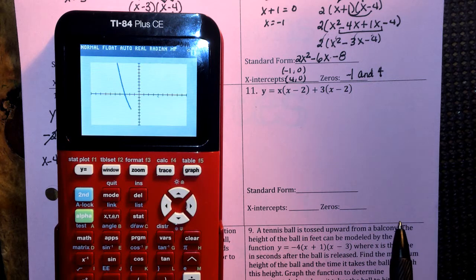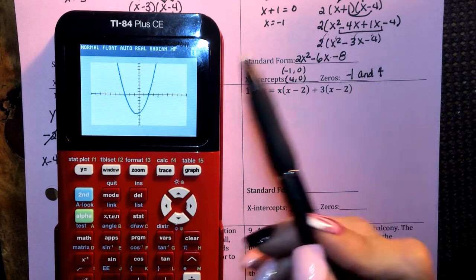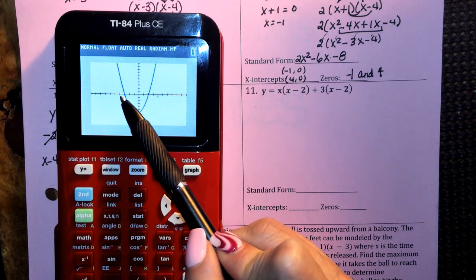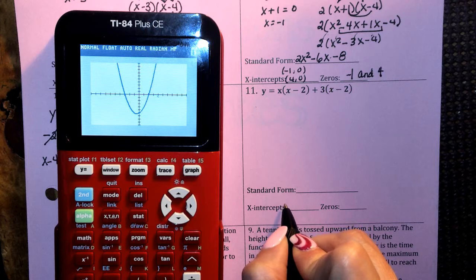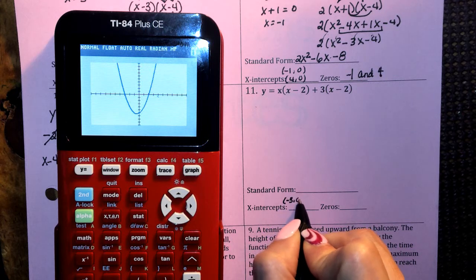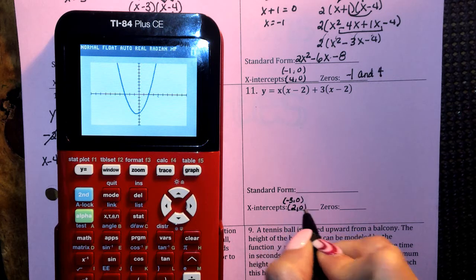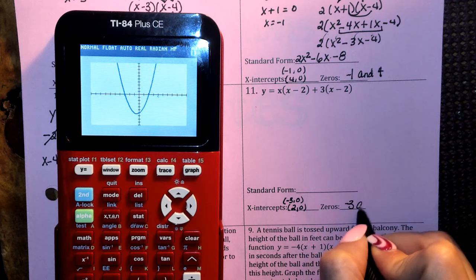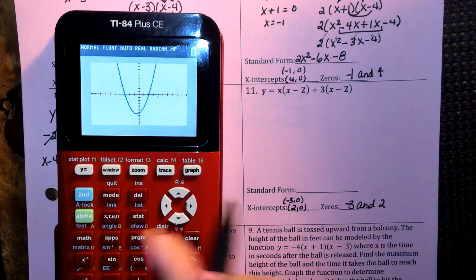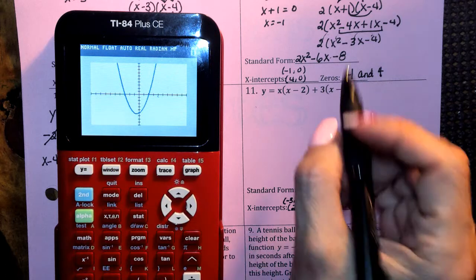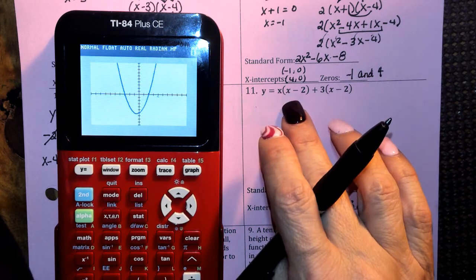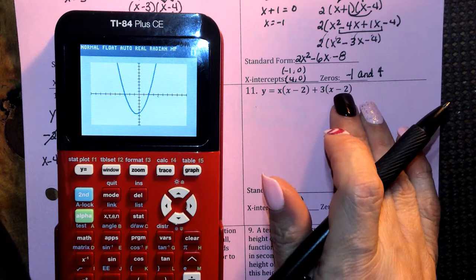Because maybe this one you're like, I can't quite tell that one. Oh, okay. I've got one at -3 and one at +2. So I know my x-intercepts are at (-3, 0) and (2, 0), which means I've got -3 and 2. But can you show me algebraically how to do that? x minus 2 and x minus 2, it's the same in each of these.